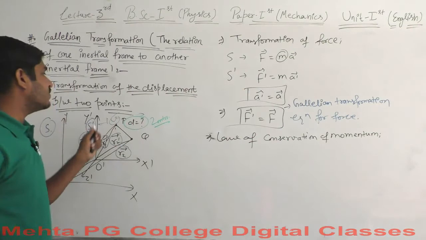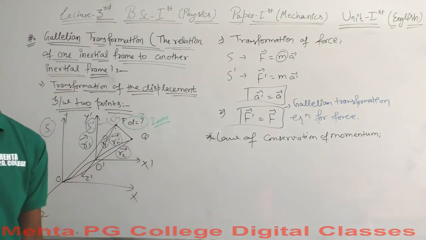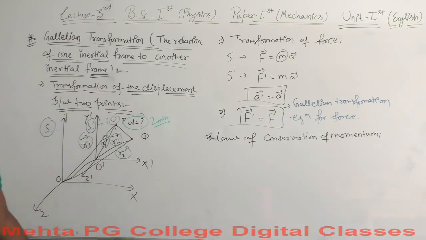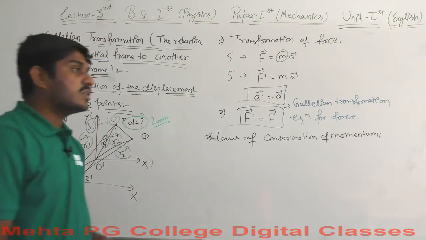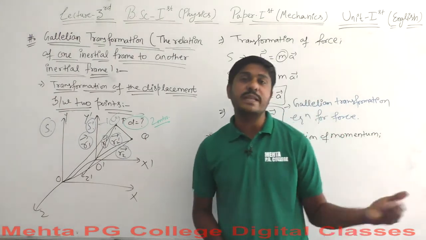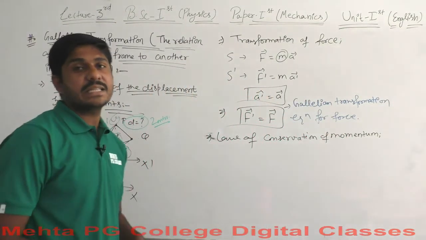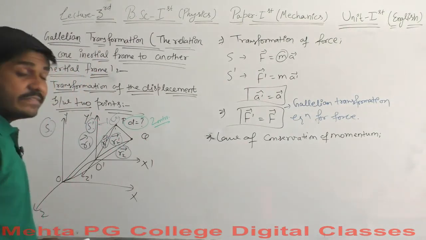Let's say any momentum at point P should be equal to the momentum at point Q. Let's say the velocities initially at point P are u1 and u2, and the velocities at point Q are v1 and v2.